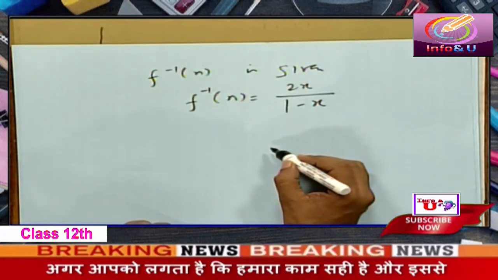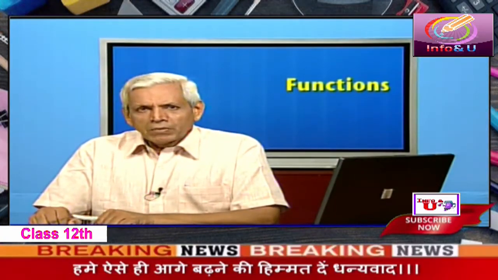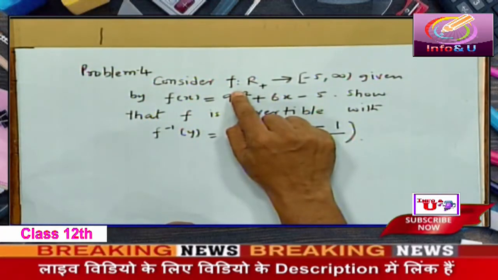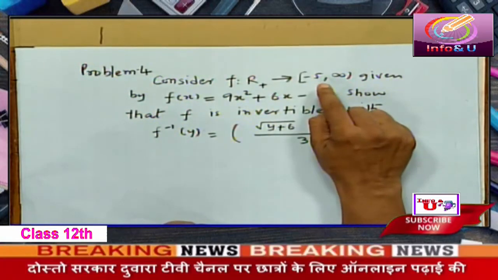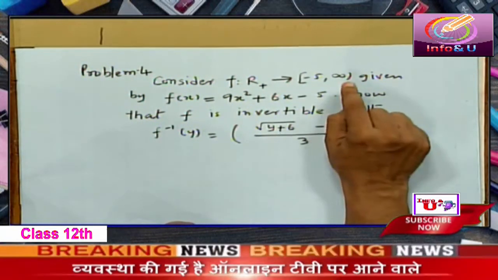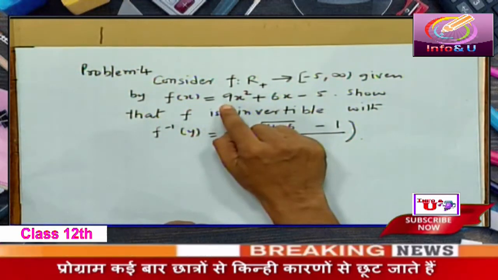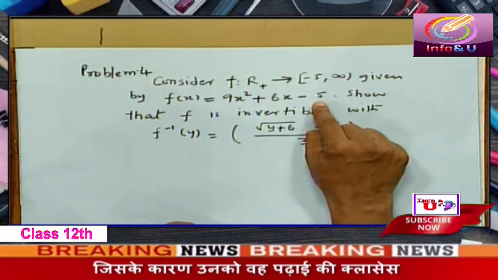So remember, whenever you find an inverse, make sure the function is one-one as well as onto, otherwise the inverse will not exist. Let us take one more problem. The problem reads, consider the function f whose domain is R plus and codomain is the interval [-5, infinity), given by f of x equals 9x square plus 6x minus 5.